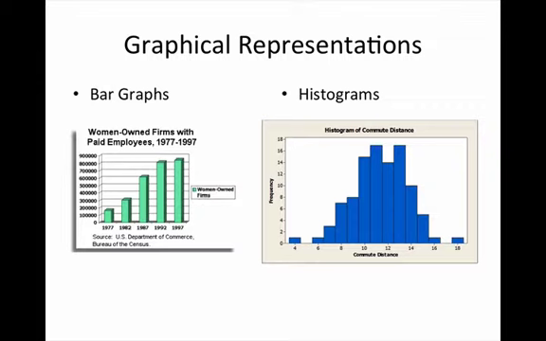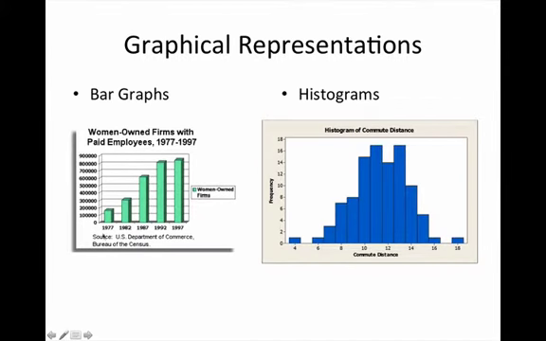Now, bar graphs are meant to present information across a nominal level of variables. So, for example, across the graph down here, I have years 1977, 1982, 1987, 1992, 1997. Okay, so this is not an interval scale because these refer to different years. These are ordinal categories. They refer to years of time. And this is the number of women-owned firms that we see.